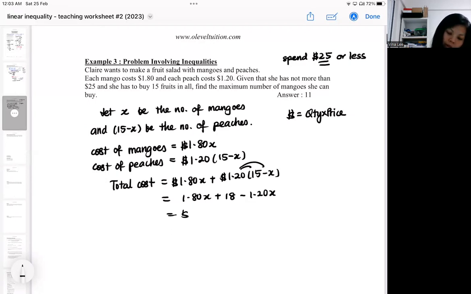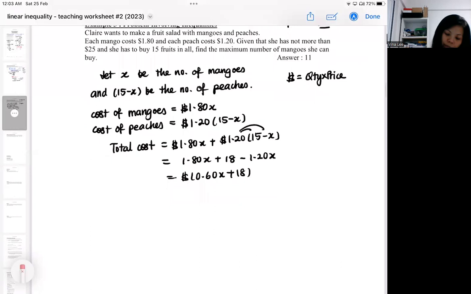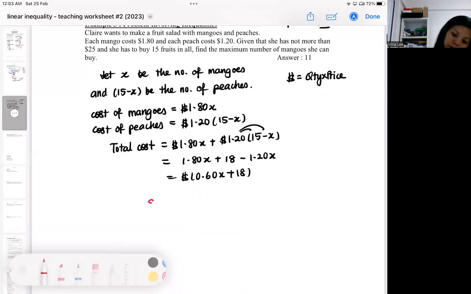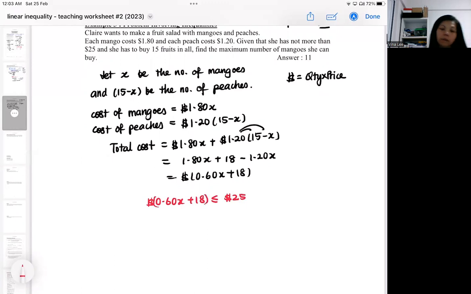You will be getting something like 0.60x plus 18. So that's actually the total cost of the mangoes and peaches. With the total cost, she's limited by the $25. So as long as the total cost doesn't exceed 25, that means she still keeps to 25 or less, then that will be sufficient.